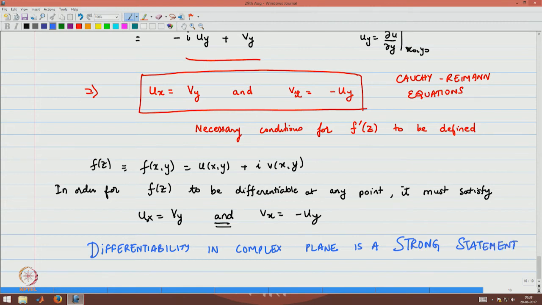That means, if I just choose some arbitrary u and arbitrary v, then most likely it will not be differentiable. Only those functions that satisfy that the x derivative of u should be equal to the y derivative of v, and the x derivative of v should be negative the y derivative of u, only those functions will be differentiable.